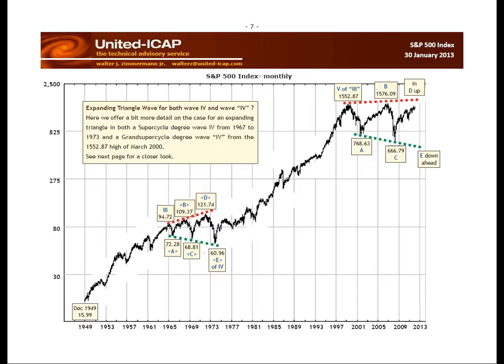Now, this is technical, and there are two questions here. One is, how much of a higher high do we need? What is the upside here? Should I balance that against the downside risk?